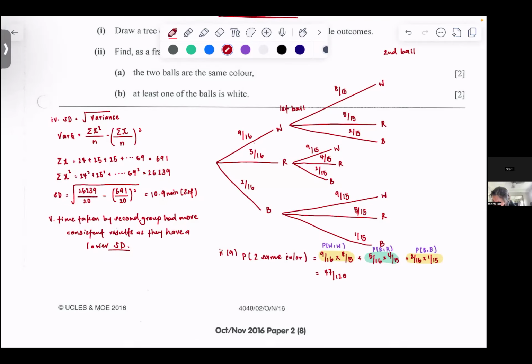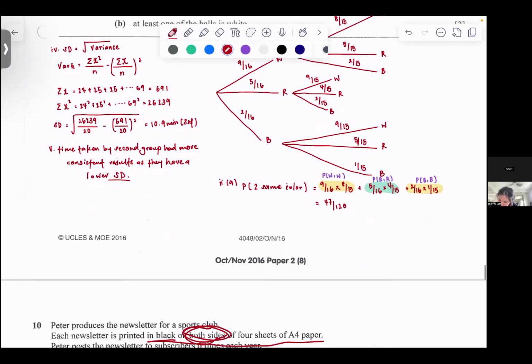So what if I just take the other way around, which is to subtract from 1, because total probability is 1. So if I take 1 minus none of the balls are white, that will give me at least one of the balls is white, right? So that is a much simpler route.